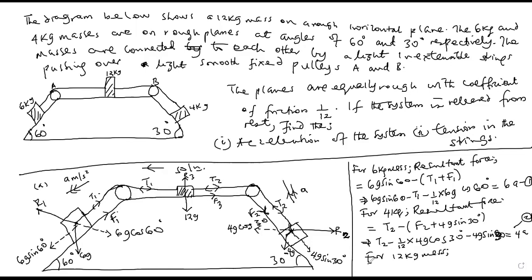So it is going to be T1 minus (F3 plus T2) is equal to mass, which is 12, times acceleration A. So this is going to be T1 minus mu, which is 1 over 12, times R3, which is the same as 12G, then minus T2.